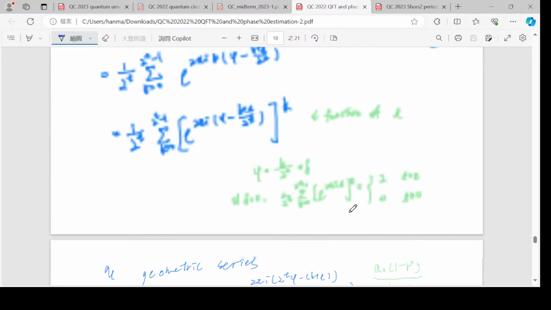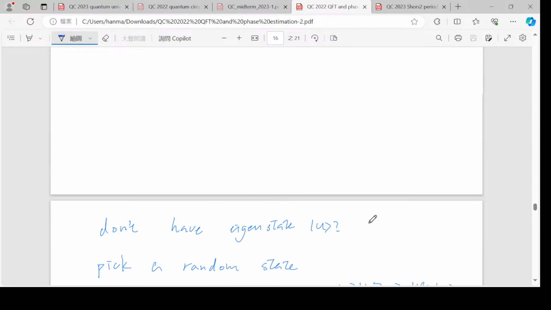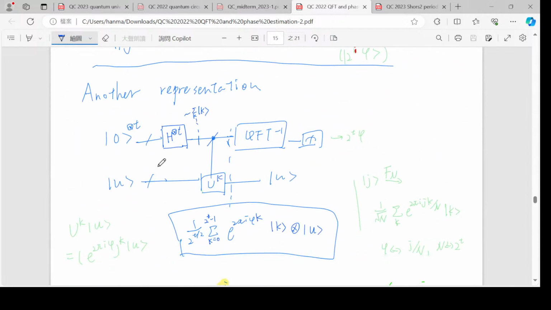So go back to the phase estimation picture. We can do this phase estimation with about poly(t) resources, because creating this state is about poly(t), and if you have the controlled-U with the repeated exponentiation, then you can also do this in poly(t), and the QFT can be done in poly(t).